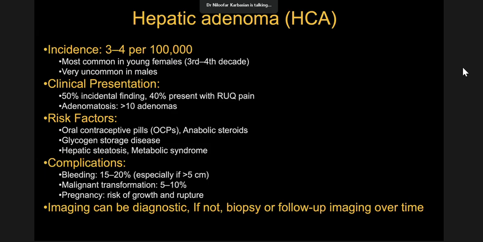And especially during pregnancy, the risk of growth, rupture, and hemorrhage increases. Sometimes when we detect them before pregnancy, they decide to do more aggressive treatment for that. And then imaging, again, can be diagnostic, as I already went over the dilemma between FNH and adenoma. They can sometimes be challenging, but sometimes biopsy or follow-up can be helpful.